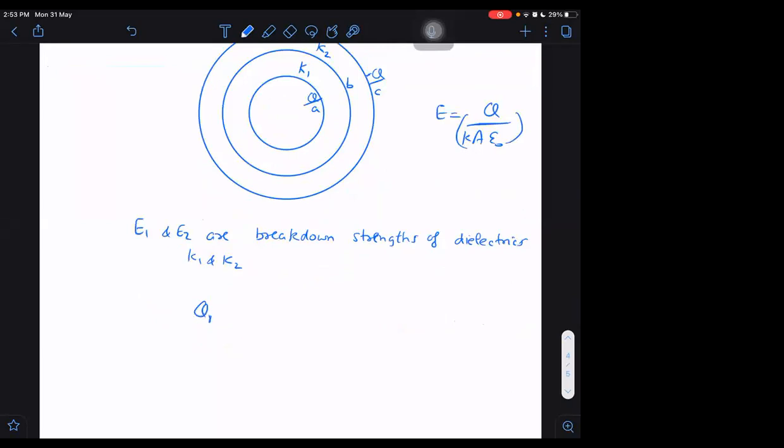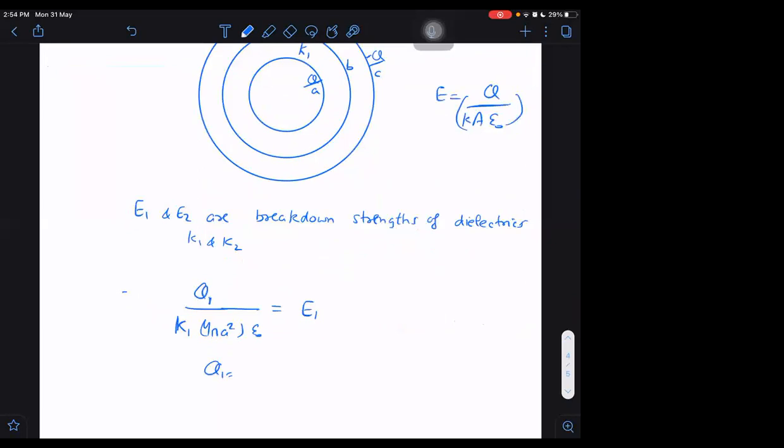For the first one, the safe charge can be obtained by first writing Q1 upon K1 into 4 pi A square into epsilon naught, equal to E1. Then Q1 will be equal to E1 into K1 into 4 pi A square into epsilon naught.